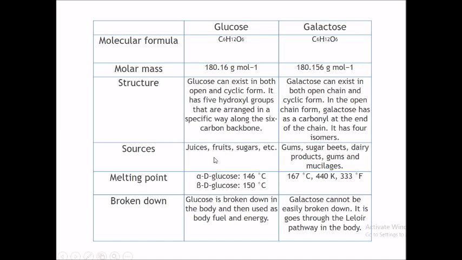Glucose can be found in juice, fruits, and also sugar. Meanwhile, galactose can be found in gum, sugar beets, dairy products, and also mucilage. Glucose can be broken down in the body and directly used as a source of body fuel and also energy. However, galactose cannot be easily broken down, as it needs to go through another pathway in the body in order to be used as energy or body fuel.